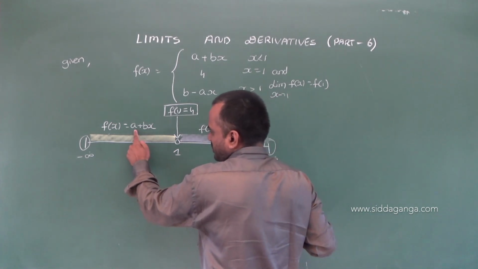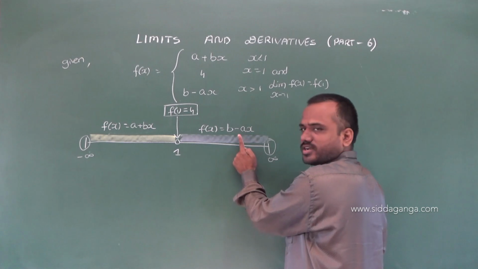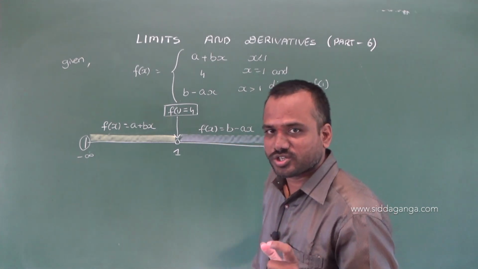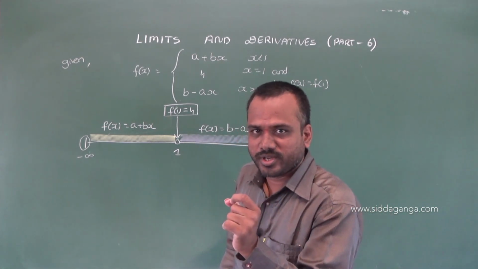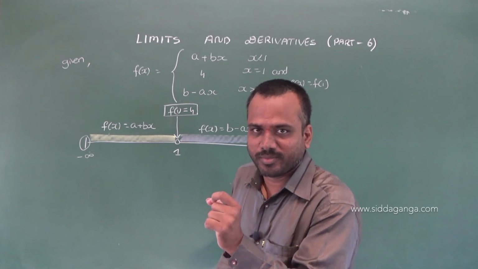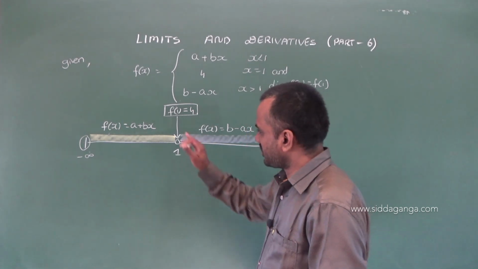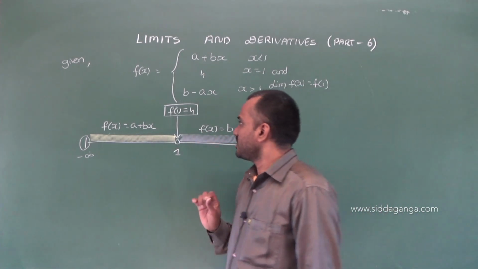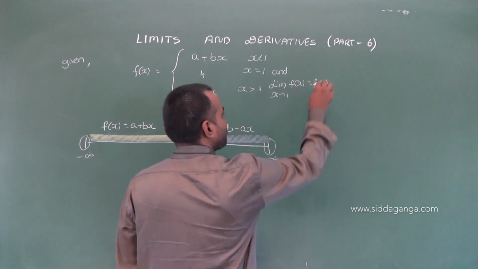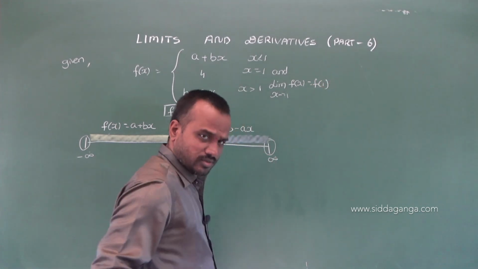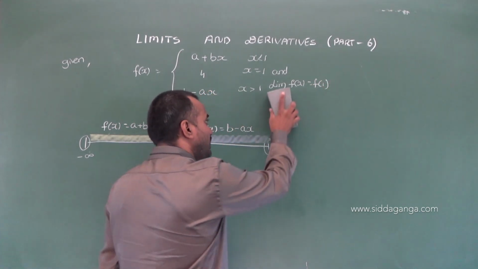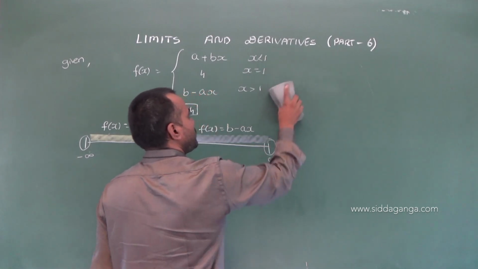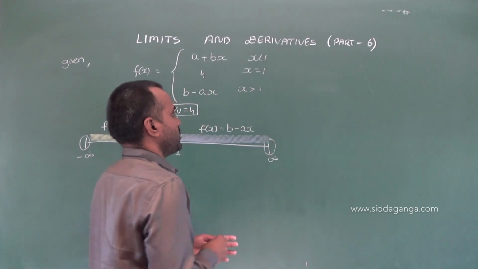For the left side, a plus bx. For the right side, b minus ax. The conclusion is that for left hand limit and right hand limit, the functions are different. Is it the same? No, the functions are different. So what we do is find different values, the left hand limit as well as the right hand limit.